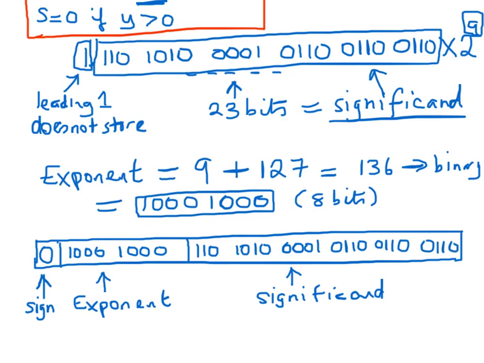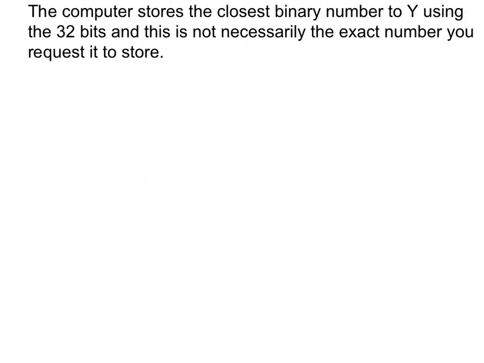So this is the solution. This is exactly how your computer stores the floating point number 936.35 in 32 bits.